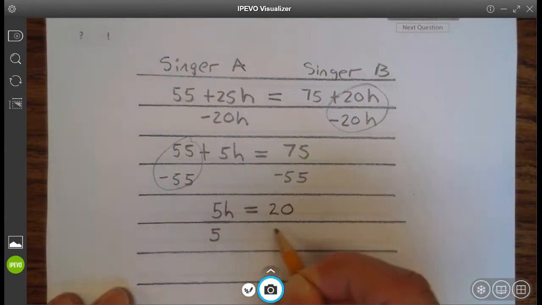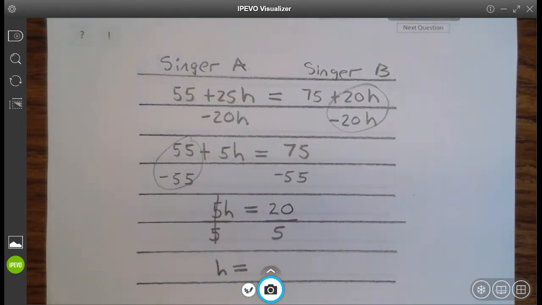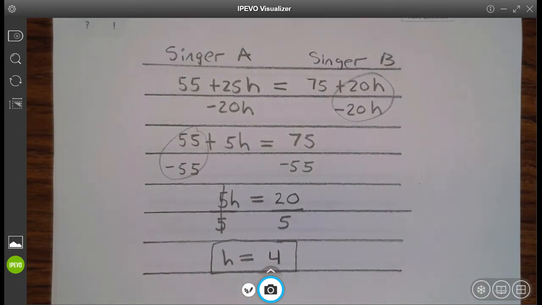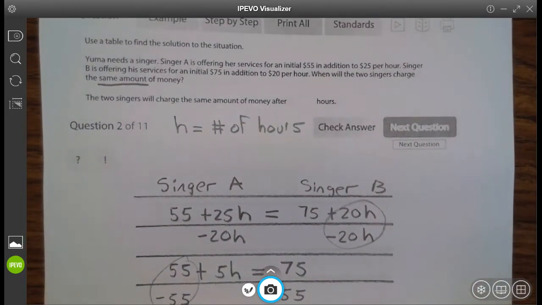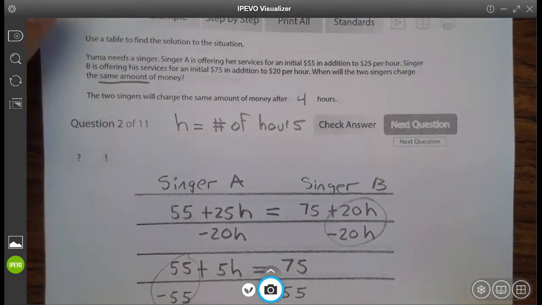Divide both sides by 5. 5 divided by 5 is 1. H equals 4. Okay, so the two singers will charge the same amount of money after 4 hours. All right, let's take a look at the next example.